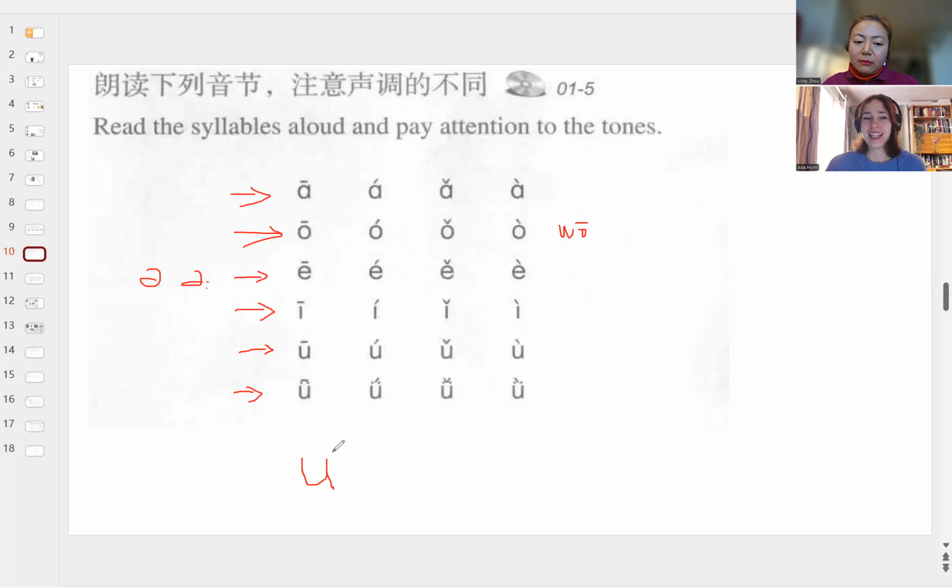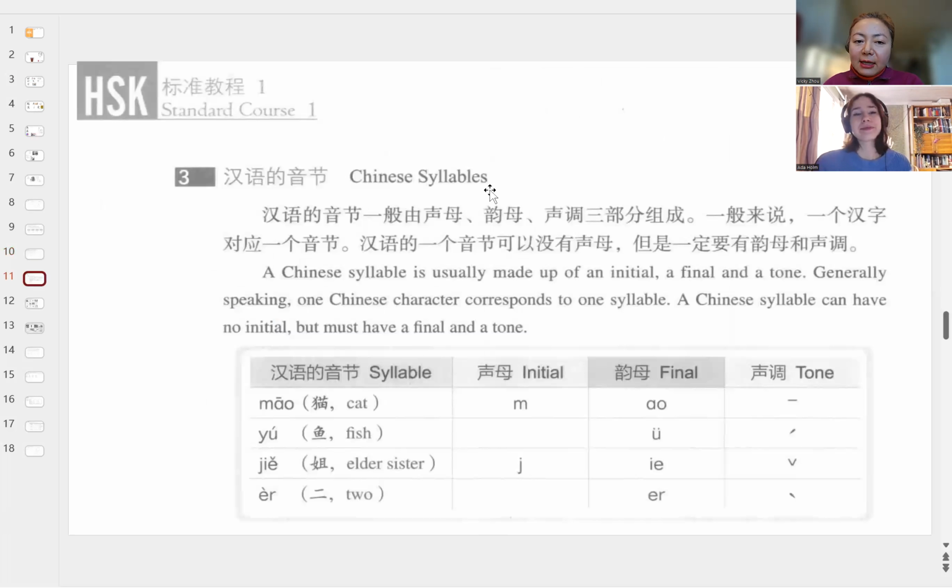对的，很好啊。我们往下看啊。好的，我们看一下 syllables，汉语的音节。我们看一下这里的例句，initials、finals 还有 tones。比如说这一个，我们一起来。So it's Mao.